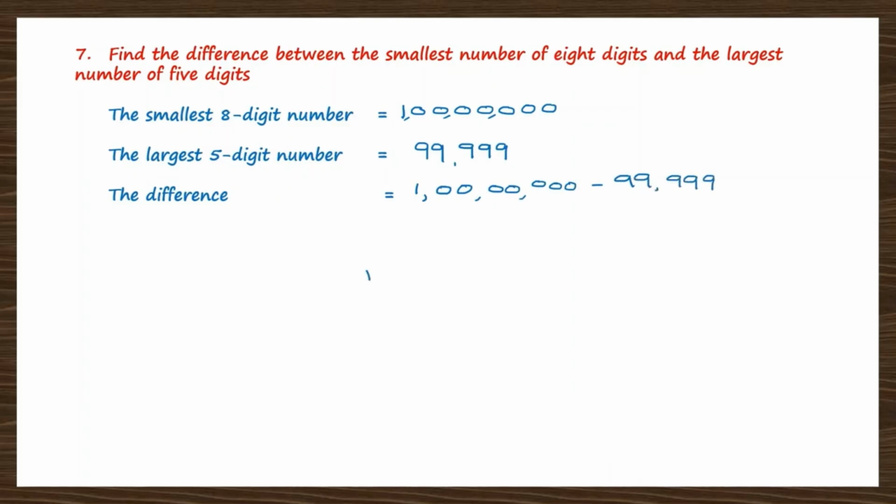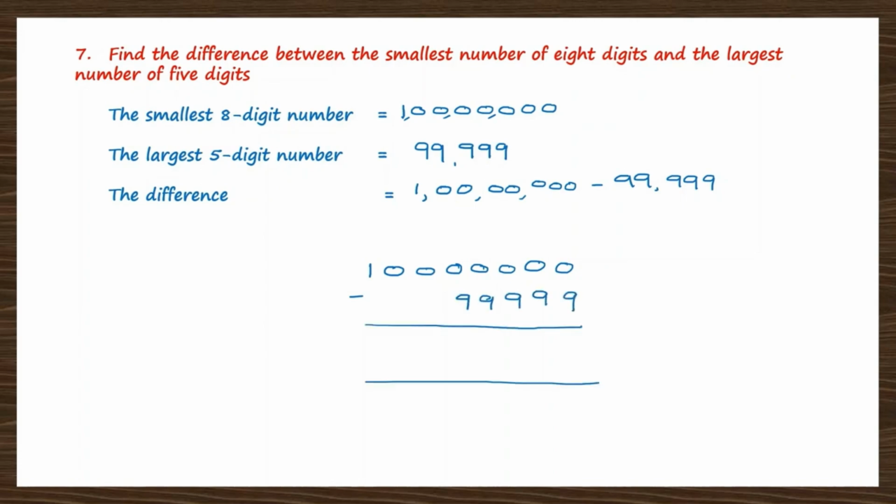So let's do that subtraction here. So we have 1 crore, 1 followed by 7 zeros, 1, 2, 3, 4, 5, 6, 7, minus 99,999. Put it in the right places. Now let's subtract these two numbers.